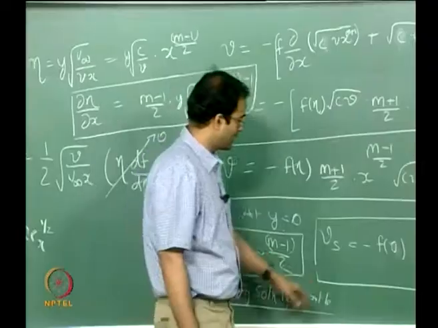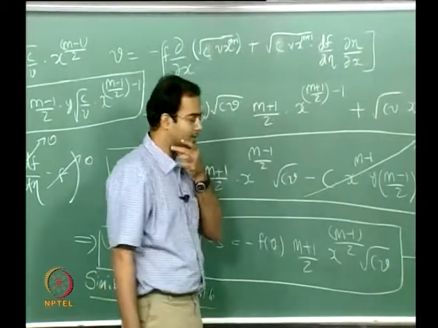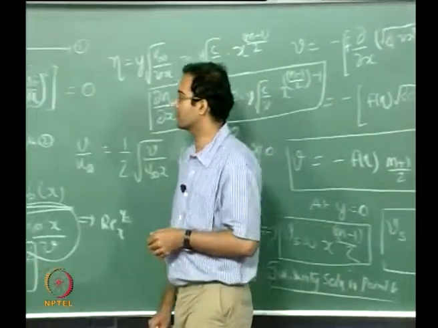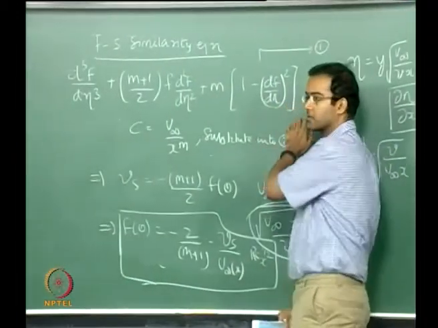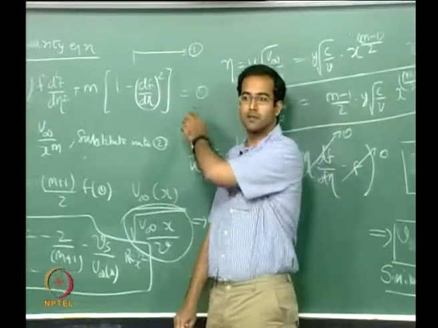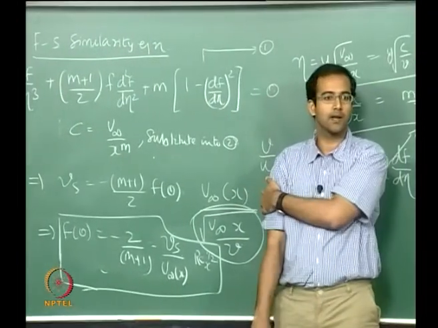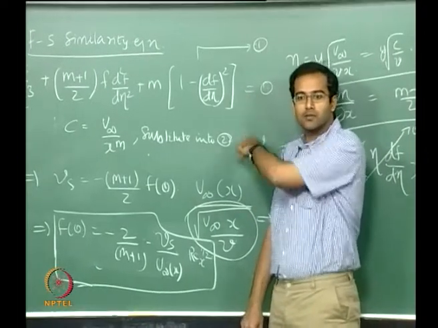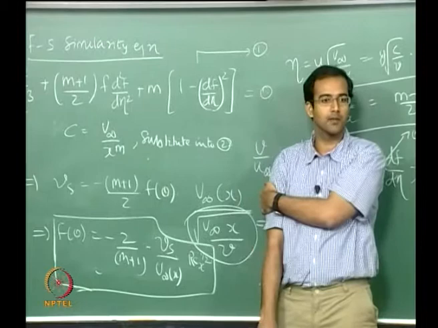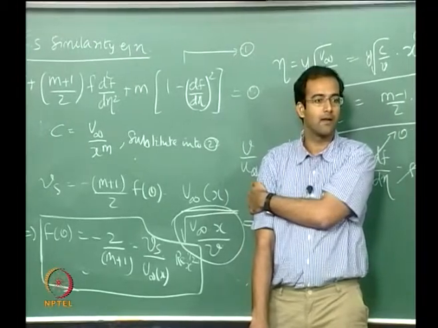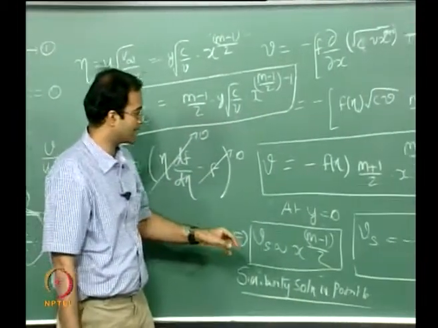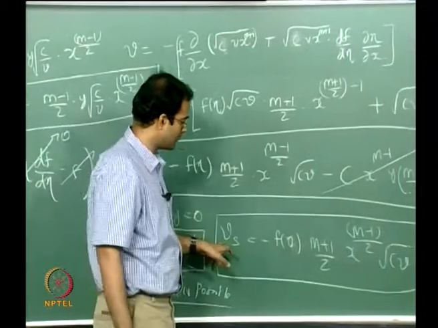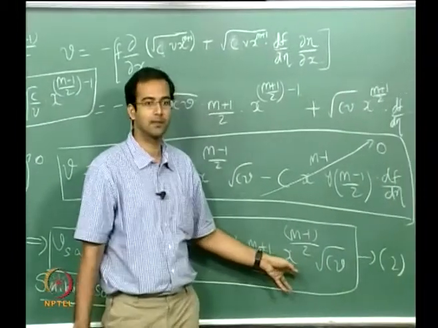So when do you say that you have a similarity solution? You have of course reduced your partial differential equation in terms of the similarity variable eta, you do not have any x and y here. Also the boundary condition should not have any terms in terms of x and y. Now when you write down the boundary condition for f of 0, you see it is a function of some x.